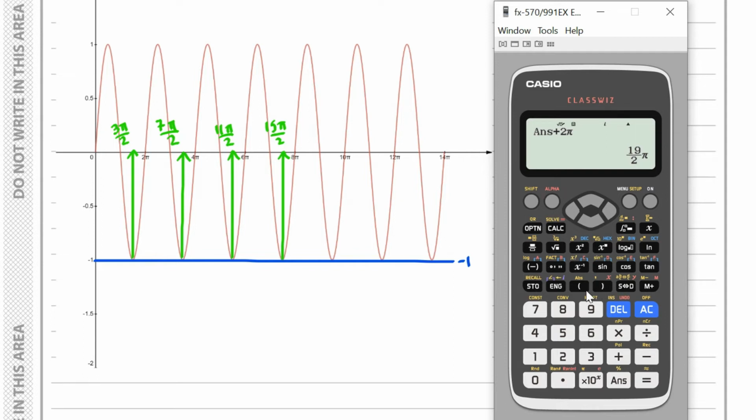Over here, we've got 19 pi over 2. Next one, we add on 2 pi, so we get 23 pi over 2. That's over here. And then the next one, if we add on 2 pi, we get 27 pi over 2. That's over here.